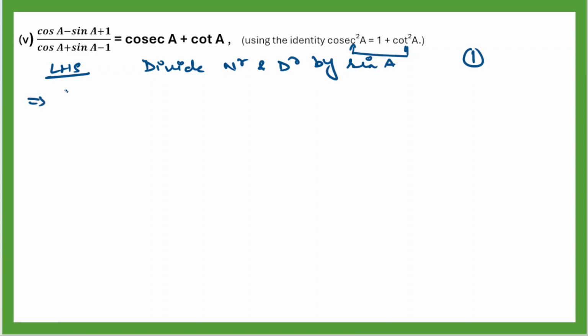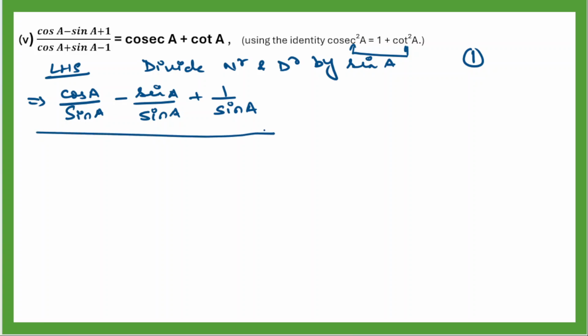Now it will become cos a divided by sin a minus sin a divided by sin a plus 1 divided by sin a, whole divided by cos a divided by sin a plus sin a divided by sin a minus 1 divided by sin a.